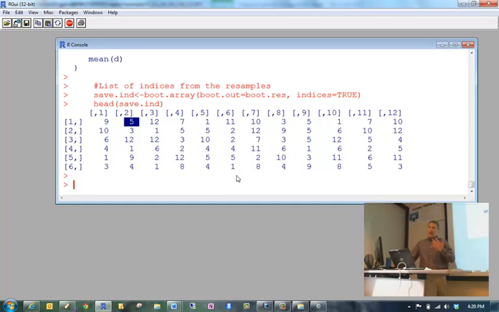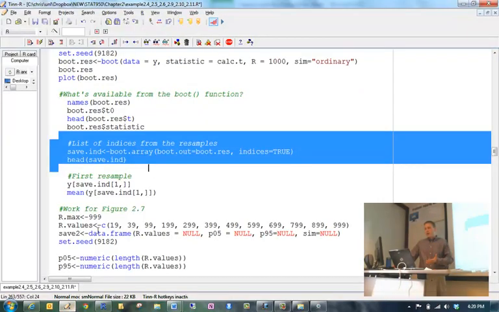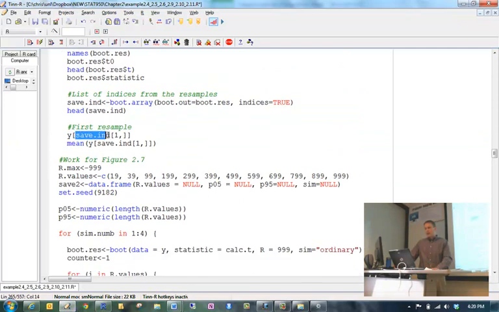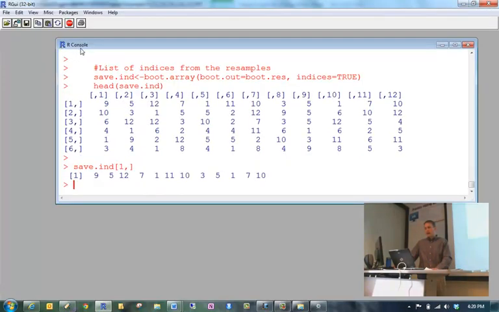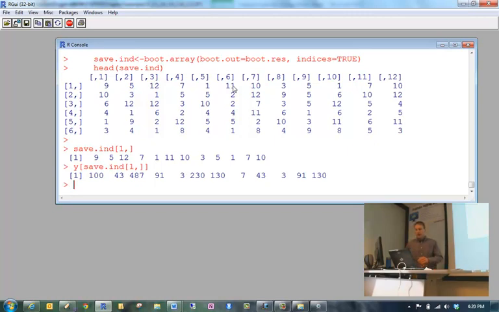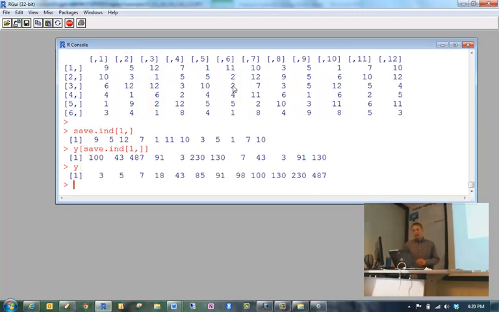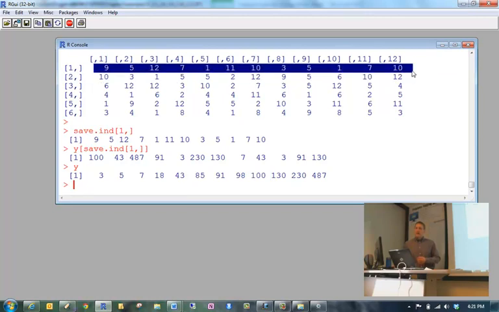If I then want to see the actual Y values themselves, I can take the first row of save.ind and use those as my indices for Y. So here's Y. You can see the 9th element was picked first. That was equal to 100. Here's the 9th element. So what R is actually doing with the boot function is finding these indices and passing them in as the I argument of calc.t.